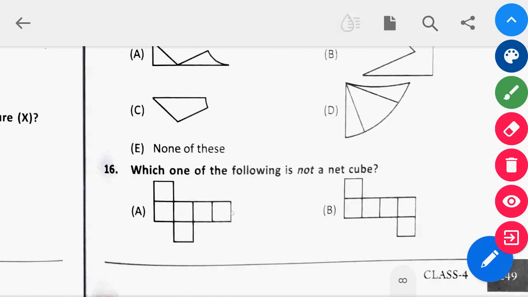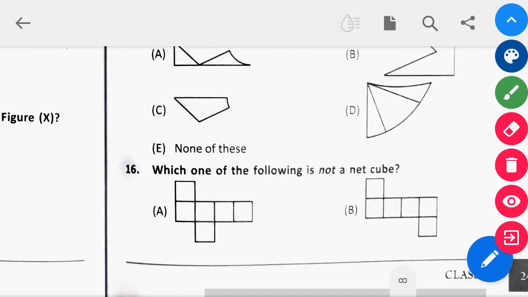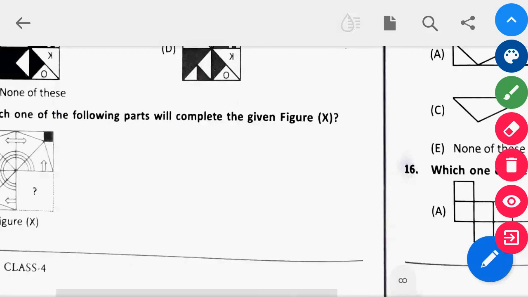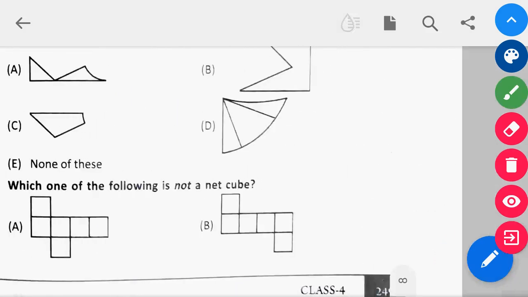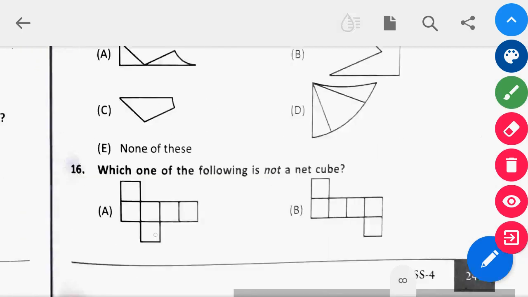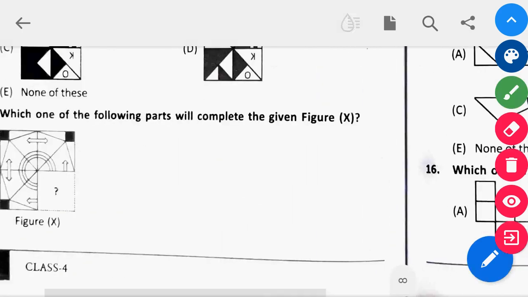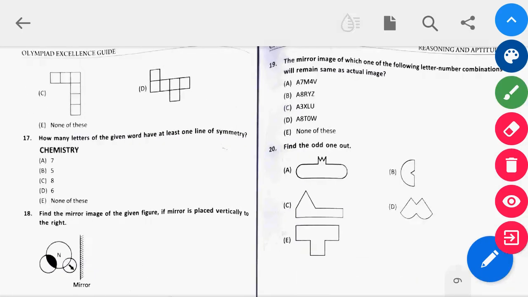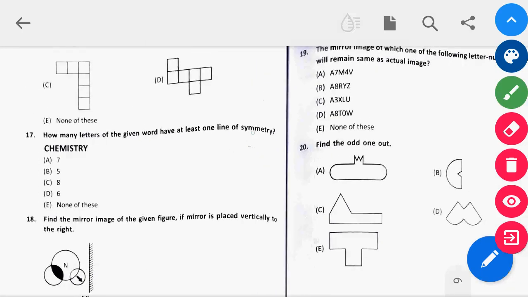Now, which one of the following is not a net cube? Net cube means if we overlap it, it will look like a cube, it gets overlapped completely.